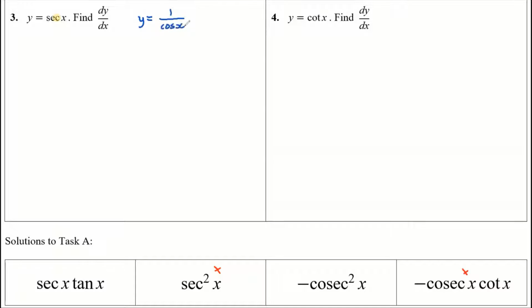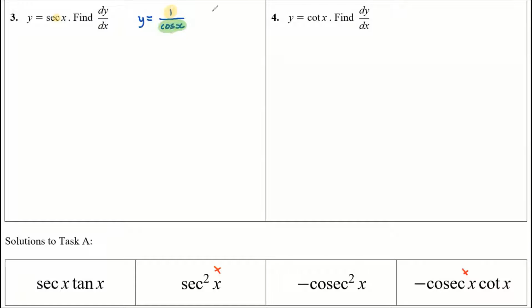And you might have got to a stage, if you've watched a couple of these solutions, having tried task A and not really got very far, maybe pause the video again and then try questions 3 and 4, now you've seen a couple of examples. So once again, I'm going to define the numerator as function 1 and the denominator as function 2.